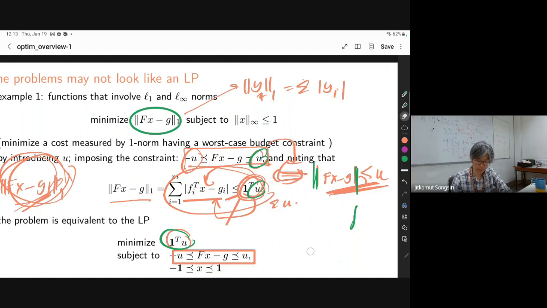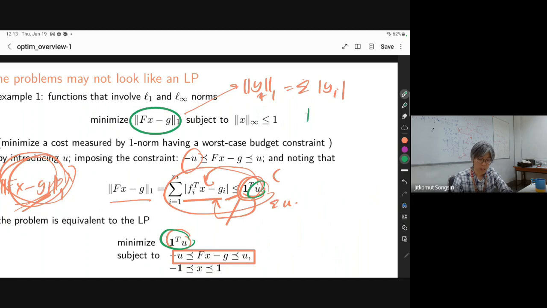We're almost done. How about the infinity norm constraint? If the infinity norm of x is less than 1, what is the definition of infinity norm?